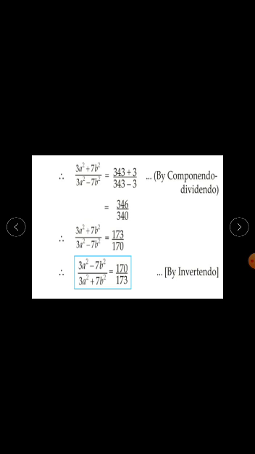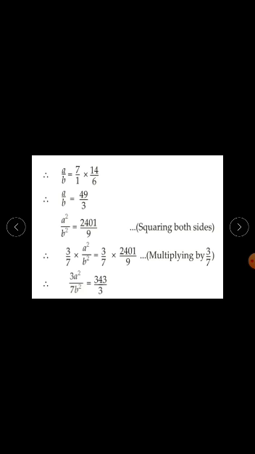But what do we want? We want (3a² − 7b²) upon (3a² + 7b²). So here use componendo dividendo. So (3a² + 7b²) upon (3a² − 7b²) equals (343 + 3) upon (343 − 3). Now this is your a, this is your b, this is your c and this is your d.